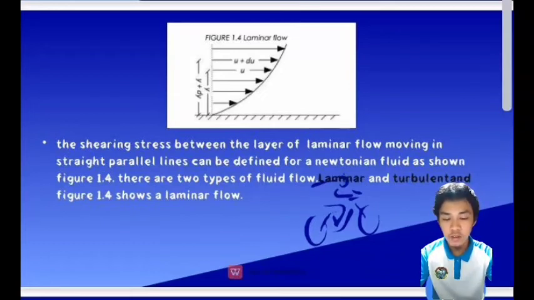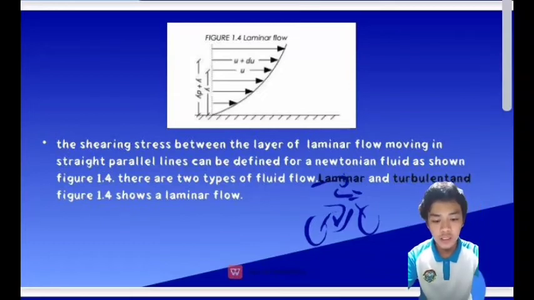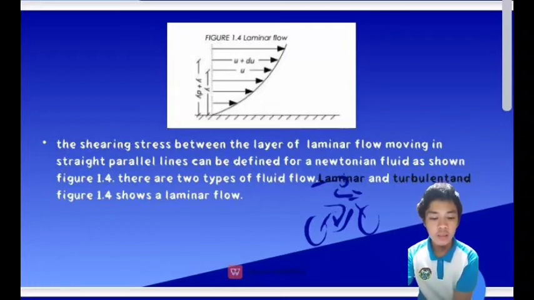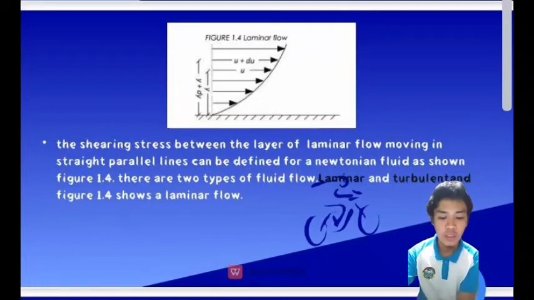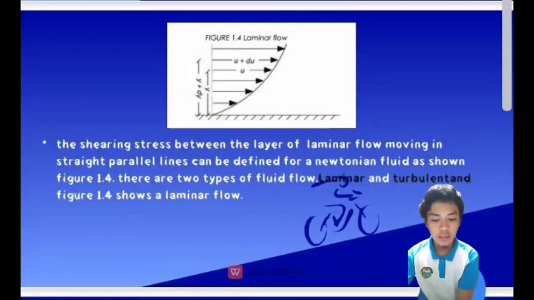Kaya siya nagsuswirl. The equation of viscosity, T equals mu du over dy, wherein yung T is shearing stress in fluid. Tapos, ang unit niya is N over meter squared. Furthermore, yung mu is siya yung dynamic viscosity of fluid.